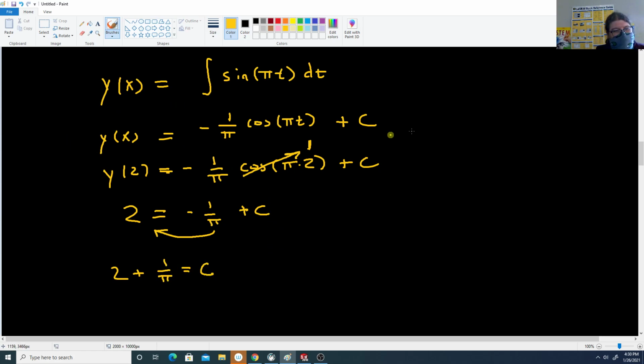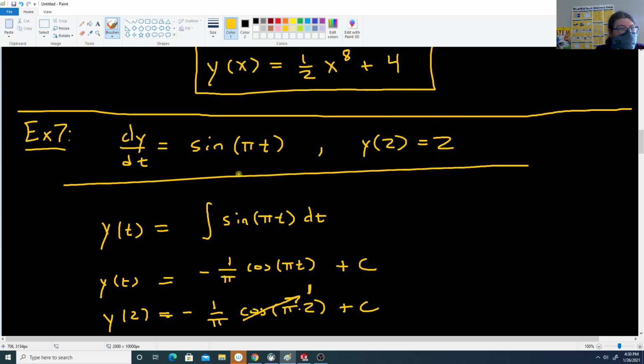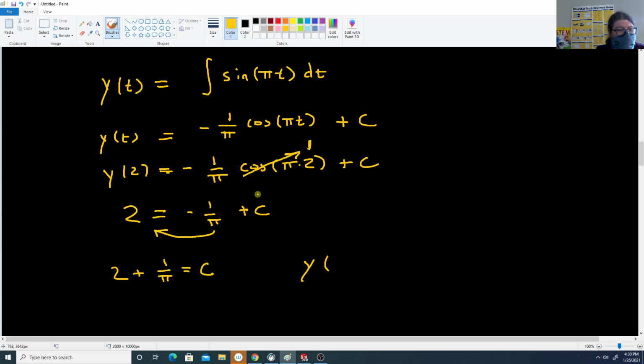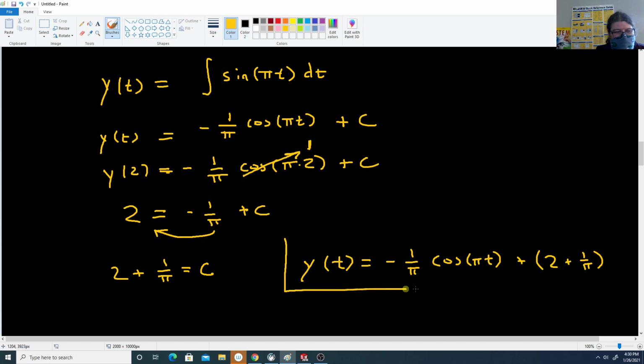So then if I rewrite my formula here, sorry, I put of x there, it should be of t. My variable is t the whole time. So I'm looking for a function y evaluated at t so that my variables match. Okay, so y of t, the function is negative 1 over pi cosine of pi times t, and then plus, I'll just write it in parentheses, 2 plus 1 over pi is the particular constant that we want.